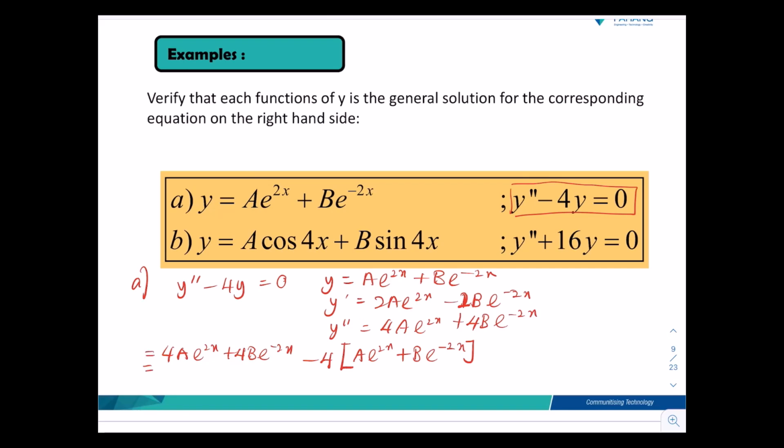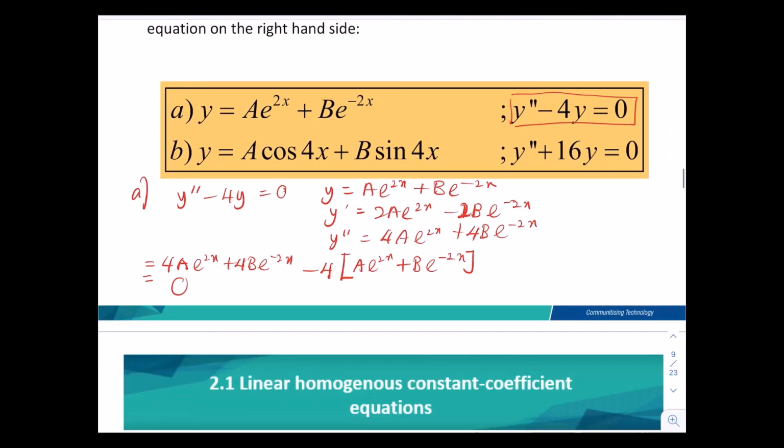For a we have minus 4a, and for b minus 4 times b, so yes, this is 0 and this is verified. Meaning the solution of y double prime minus 4y equals 0 is y equals a e^(2x) plus b e^(−2x).